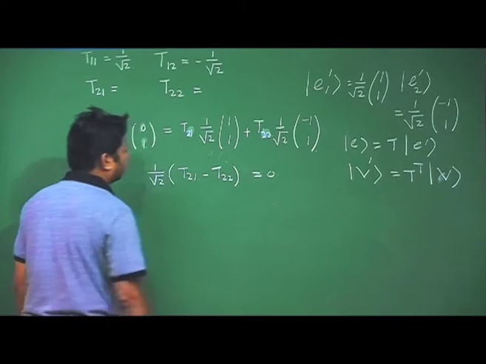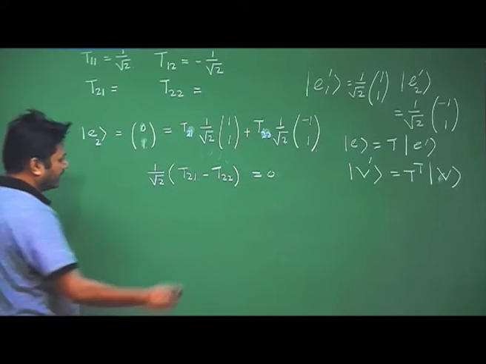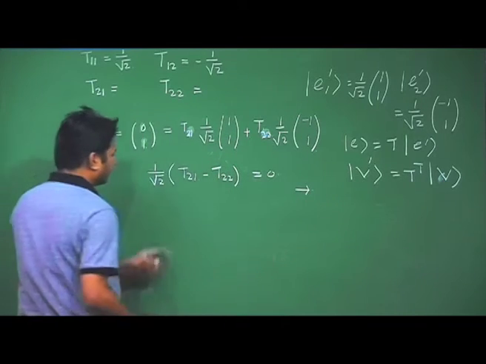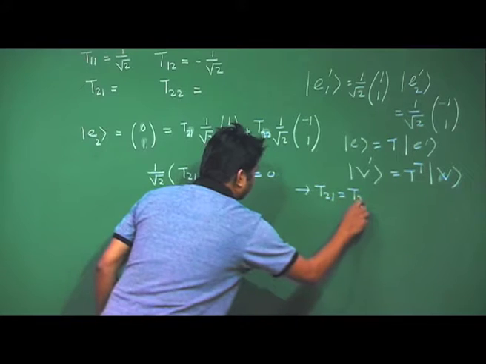is 0, the first equation. From this equation I can readily write that T21 should be equal to T22.